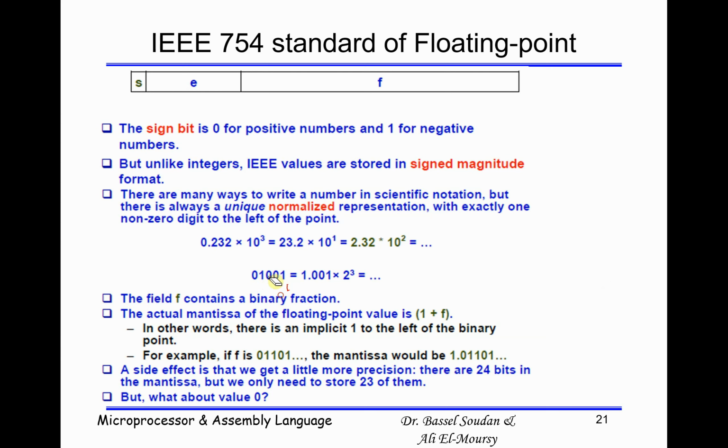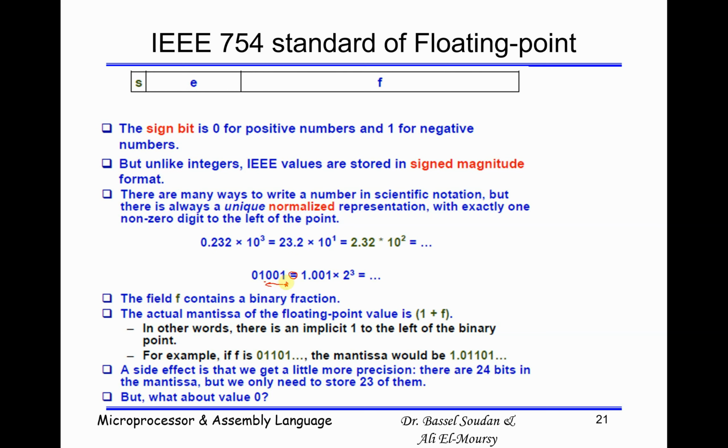Hold on a second, let me clarify this again. I have the point here, and there is a 0 here. I want to shift this point until I leave only the first 1 to its left, so I shift the point 3 places to the left.